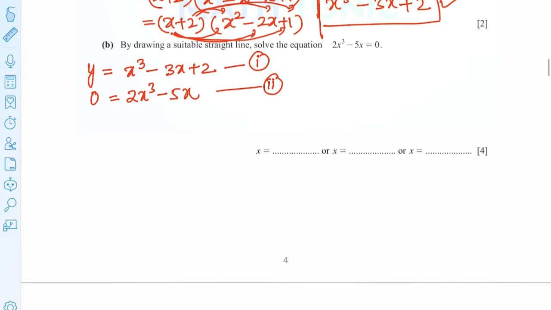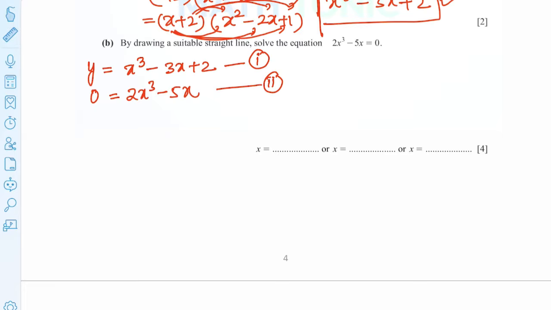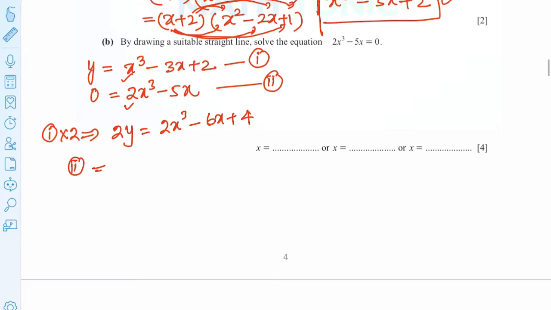To find the value of y, I will multiply the first equation by 2. Why? Because I can make this equal. So I can write 2y equals 2x cube minus 6x plus 4, right? And the second equation I'm keeping exactly the same, 0 equals 2x cube minus 5x.